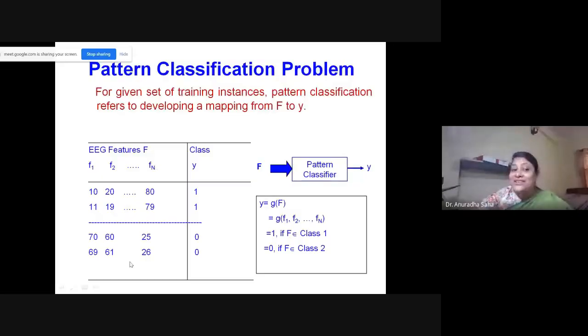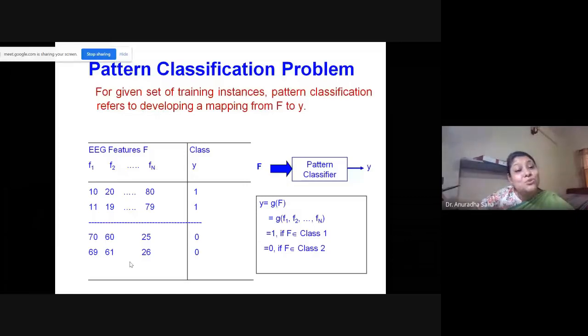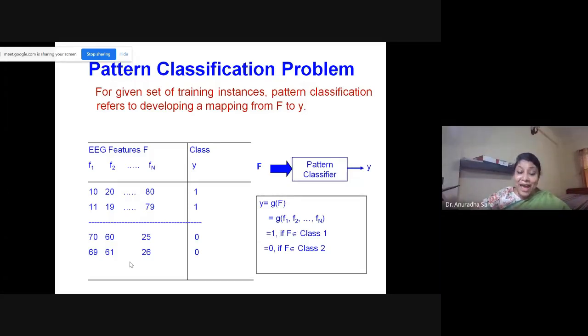Now if I limit this particular problem to only these two smell classes, I can say that this is my two class classification problem. We have two patterns and we need to classify those two patterns using a pattern classifier.